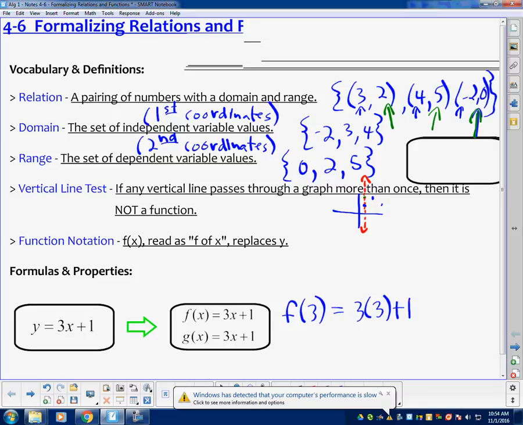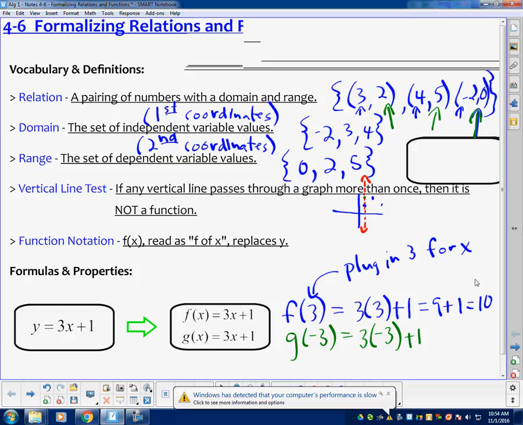So for example here, if I had f of 3 here would be 3 times 3 plus 1. It's just telling me plug in 3 for x in the function that was given to me. So this is 9 plus 1, or 10. You could change up the function. You could call it g of x. In this case, let's find g of -3. So g of -3 would be 3 times, I plug in -3 for x, plus 1, which is -9 plus 1, is -8.